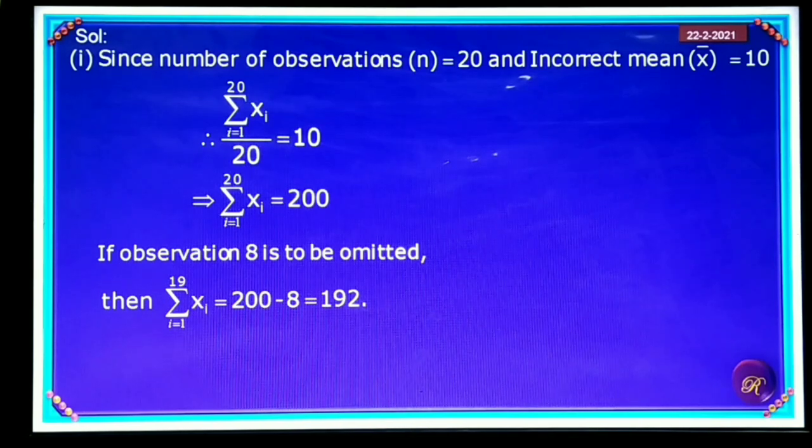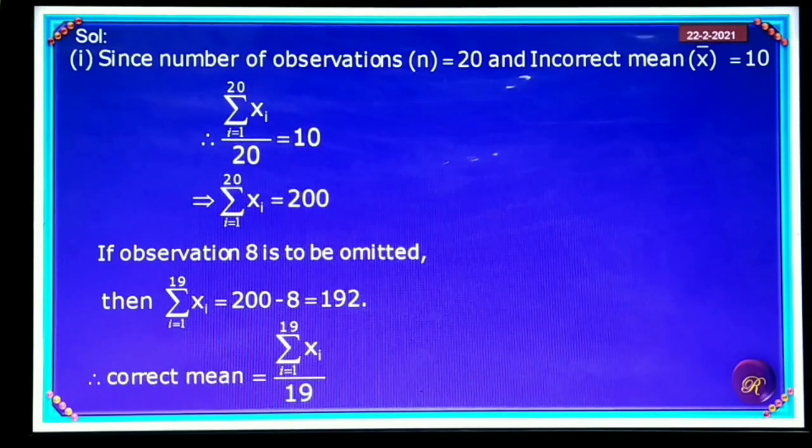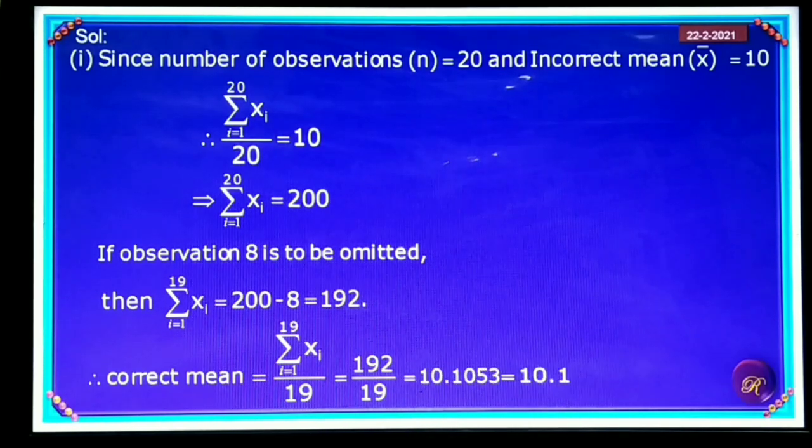Therefore, correct mean, that is the mean of 19 observations, is equal to 192 divided by 19, that is sum of all observations divided by number of observations, is equal to 10.1053, is equal to 10.1.